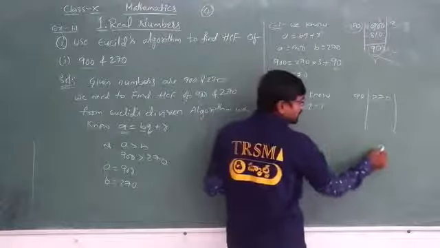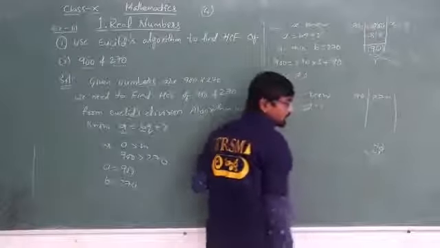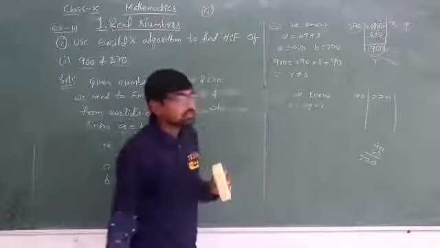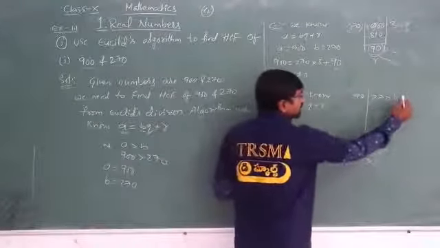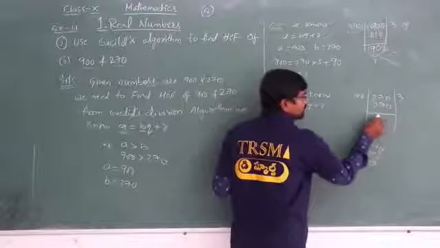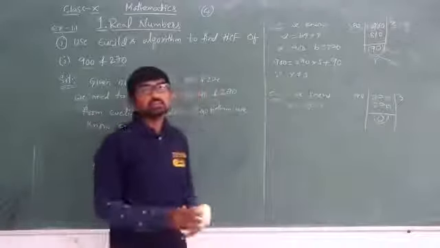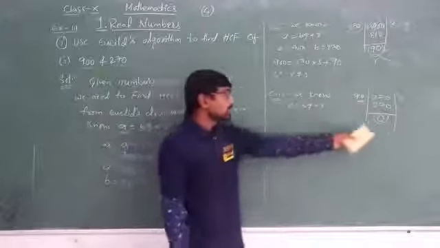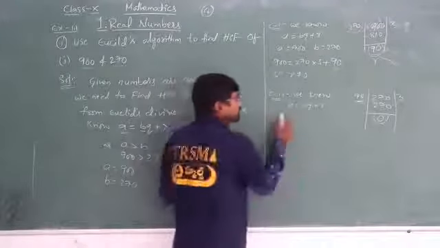If I take 90 into 3, 3 zeros are 0, 3 nines are 27. So here I am getting exactly 90 into 3 as 270. Therefore the remainder is 0. So as we got remainder 0, the HCF is 90.